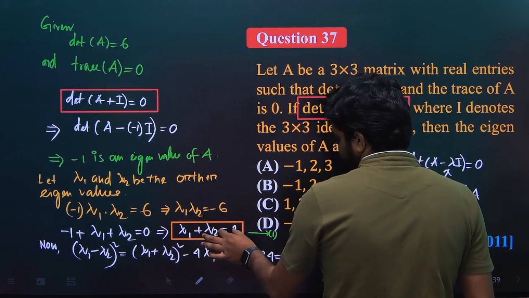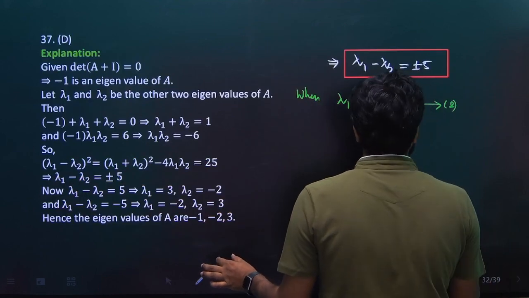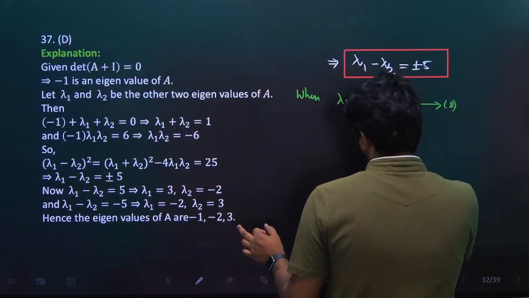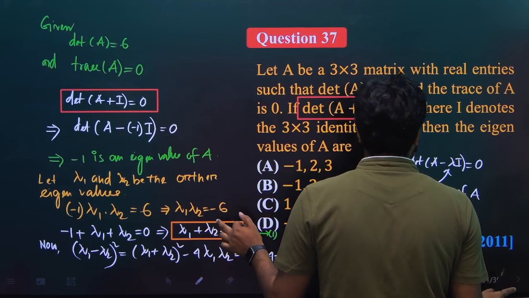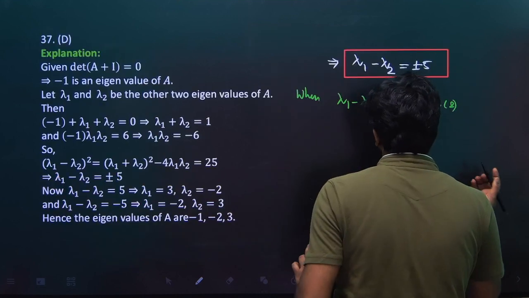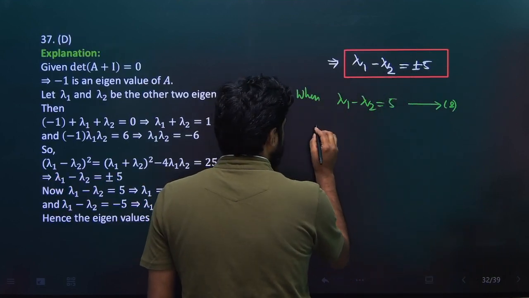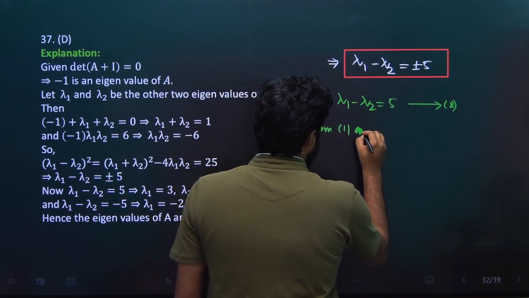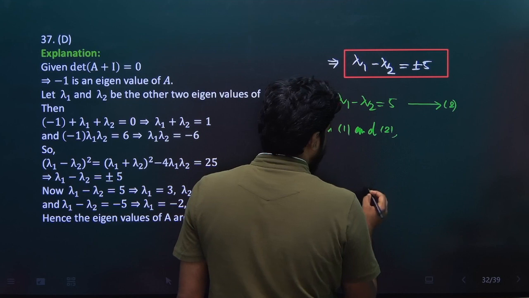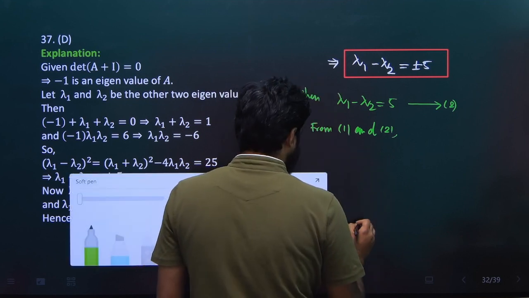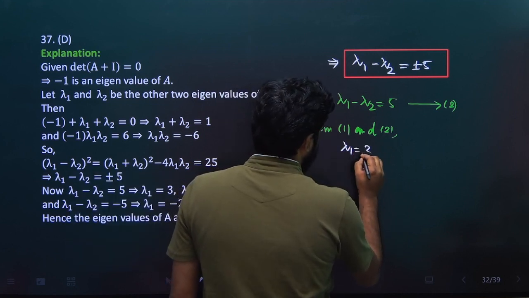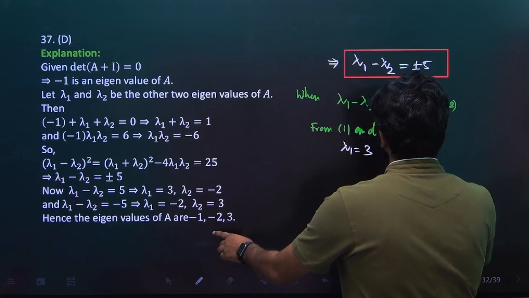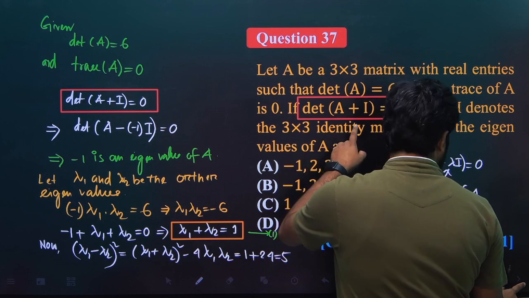Lambda 1 plus lambda 2 is 1. Lambda 1 minus lambda 2 is 5. If we add these, lambda 2 cancels.